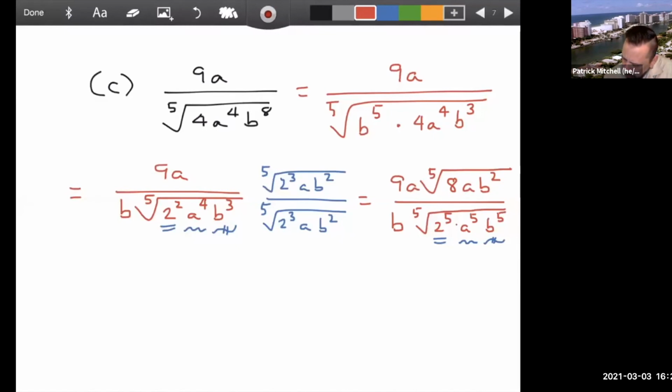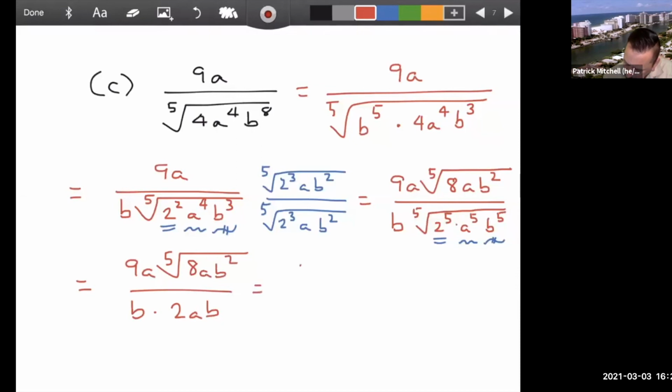The whole point of fifth root of 2 to the fifth, a to the fifth, b to the fifth was so that it would simplify to 2ab. Upstairs we have 9a times the fifth root of 8ab squared. All right, so that leaves us with 9a times the fifth root of 8ab squared.